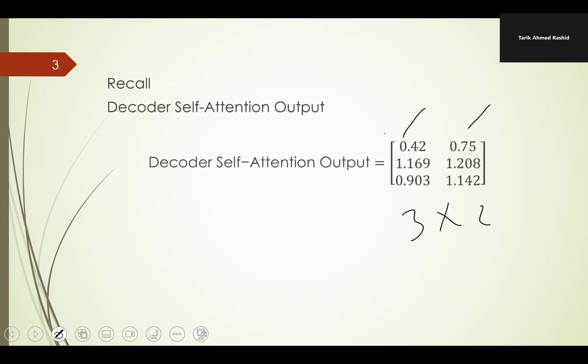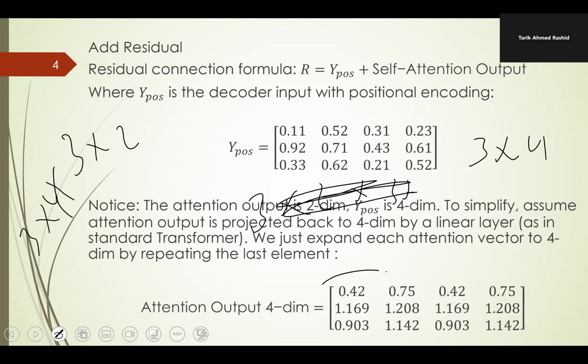So we will copy this one again here. 0.42, 0.75, 0.42, 0.75, 1.169, 1.280, 1.169, that's the copy, and so on and so forth.